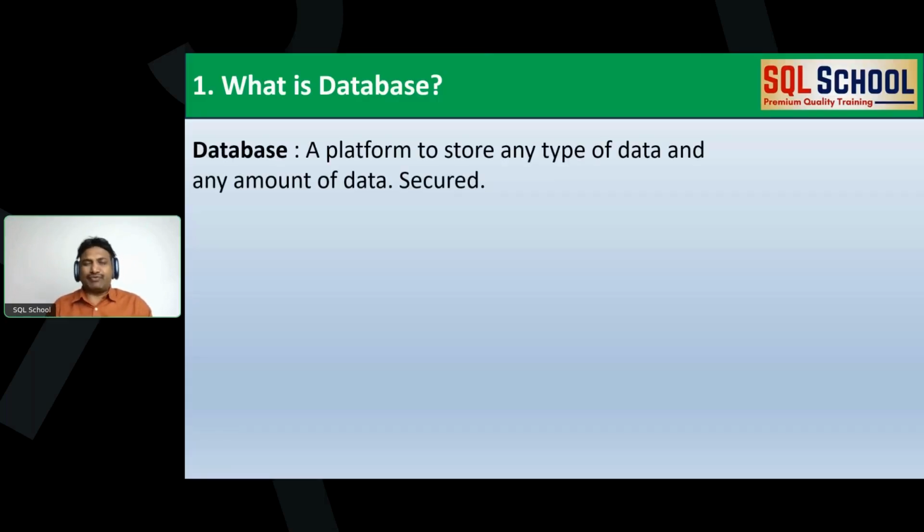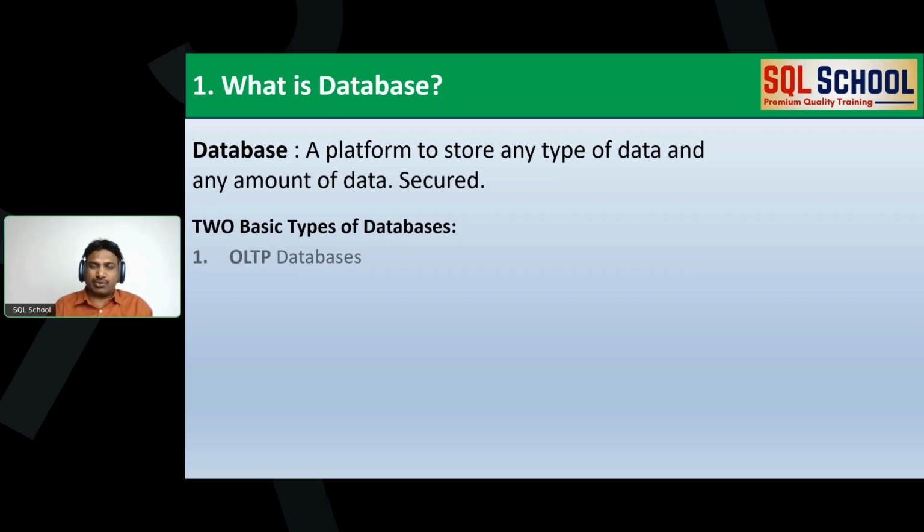A database is a platform to store any type of data: passwords, QR codes, or captcha codes, text, integers, documents, any type of data, including media information, we can store in databases. There are 2 types of databases: OLTP, to store live real-time data, and the other one, warehouse, to store old historical data, past inactive data.